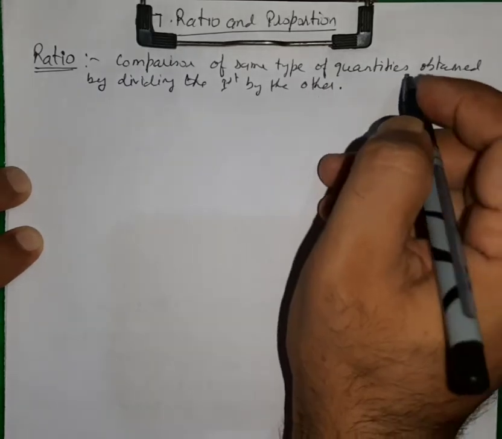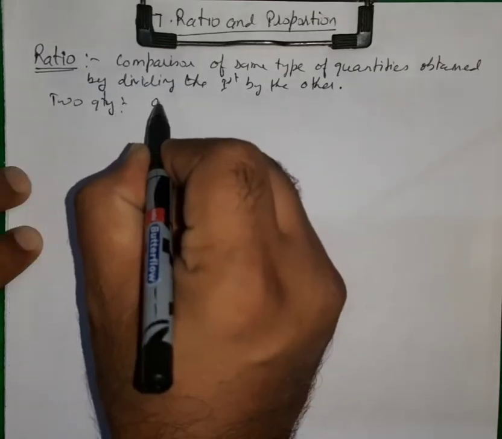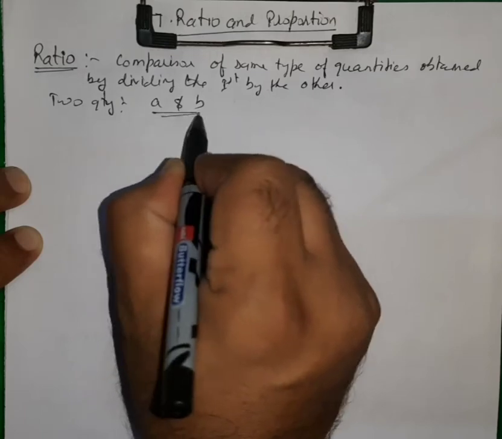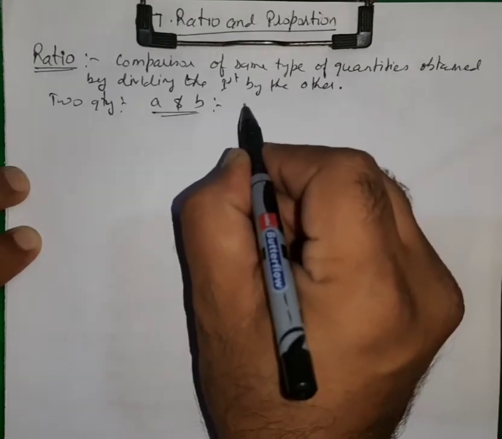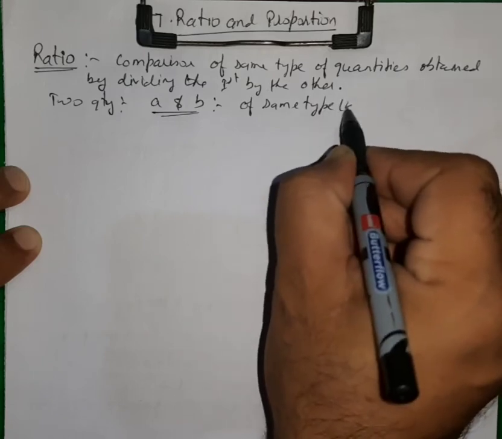So here let us say that we have two quantities A and B. The requirement here is they are of the same type or kind.